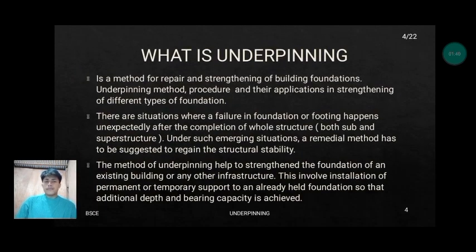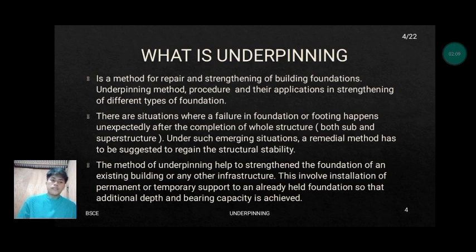So what is underpinning? Underpinning is a method for repairing or strengthening a building foundation. Underpinning methods, procedures, and their applications are for strengthening different types of foundation. There are situations where a failure in foundation or footing happens unexpectedly after the completion of the whole structure. Under such emerging situations, a remedial method has to be suggested to regain structural stability.